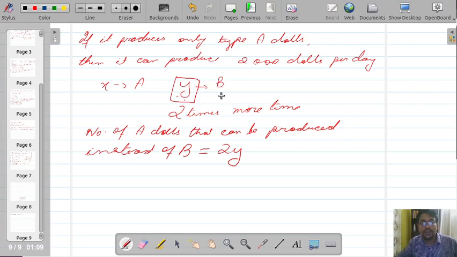Instead of producing y number of B dolls, we can produce twice y number of A dolls. So by this equation, x plus twice y is less than or equal to 2000. Now we have got all our constraints.